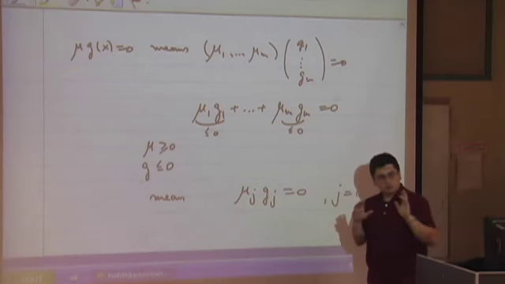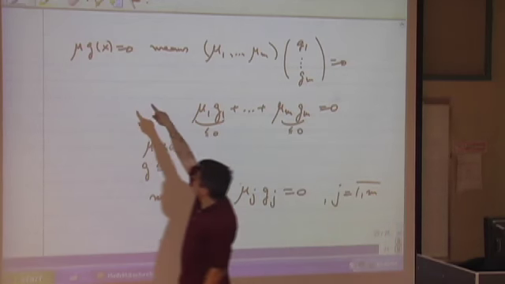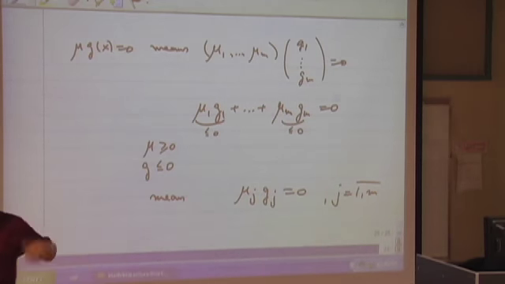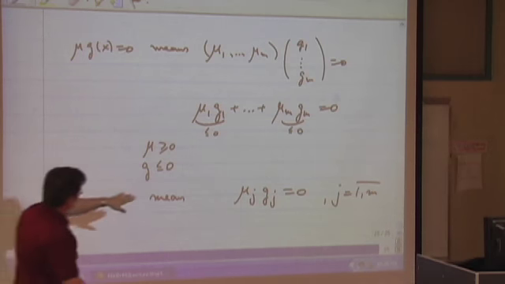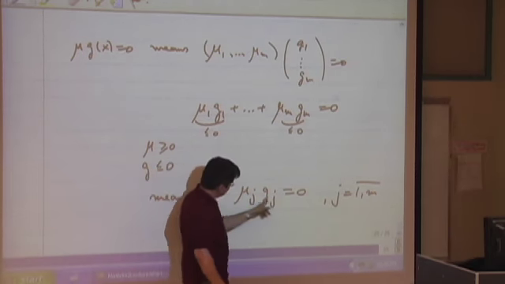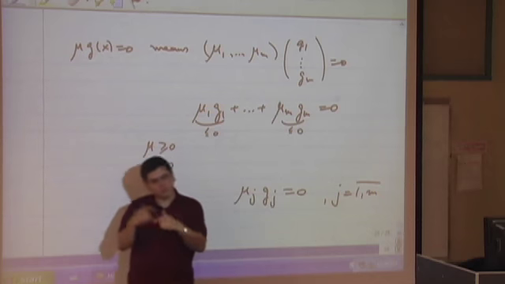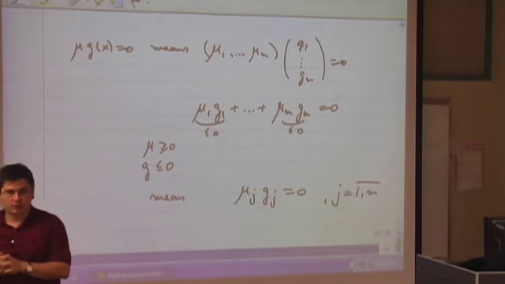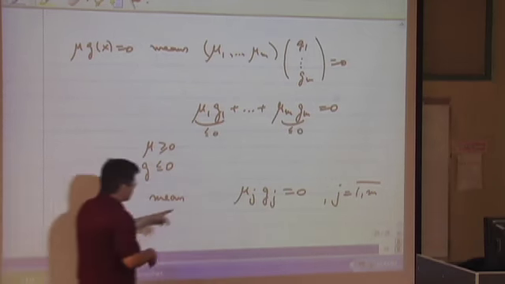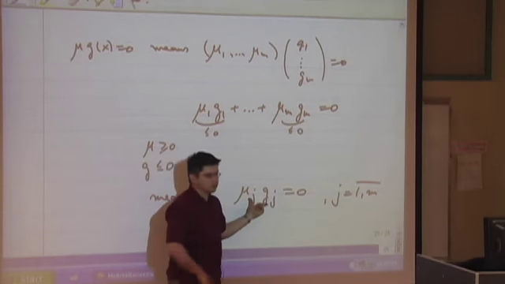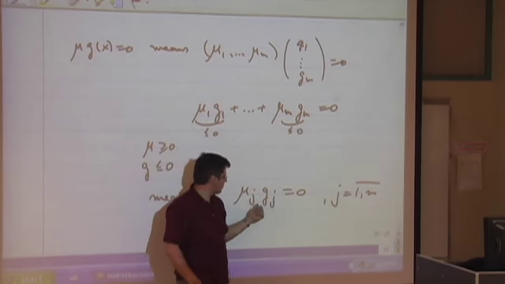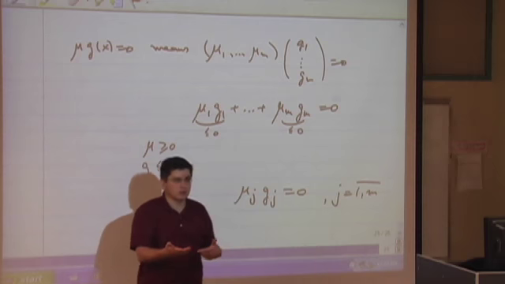Okay? So when I write mu g, that really is a row times a column, but in effect, because of this, it just says that each component-wise is 0. Now, the fact that component-wise is 0, you have a product of two things equals 0, means that one of them has to be 0.